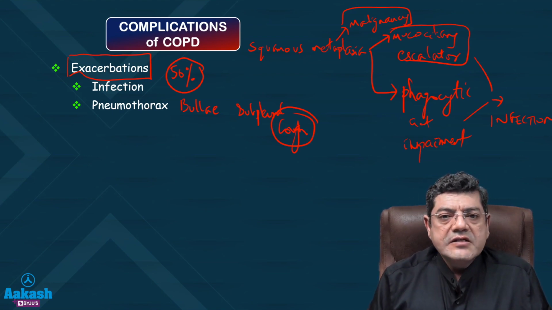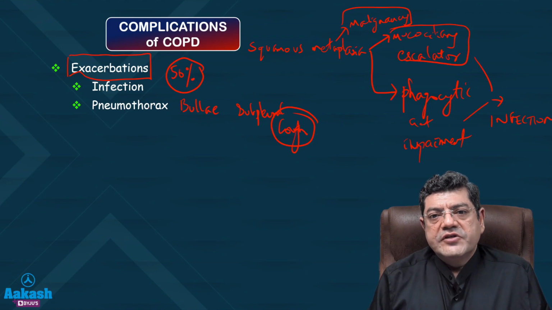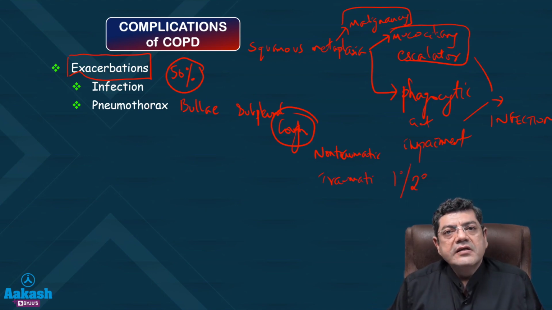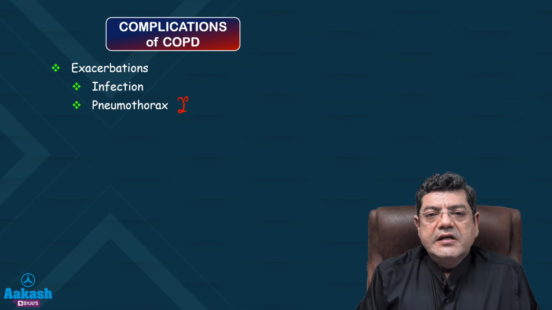Now, we've discussed with pneumothorax that you can classify them as spontaneous pneumothoraces, which are non-traumatic, or traumatic pneumothoraces, and you can classify them as primary or secondary, depending upon whether the underlying lung is healthy or diseased. So these patients typically develop secondary spontaneous pneumothoraces.